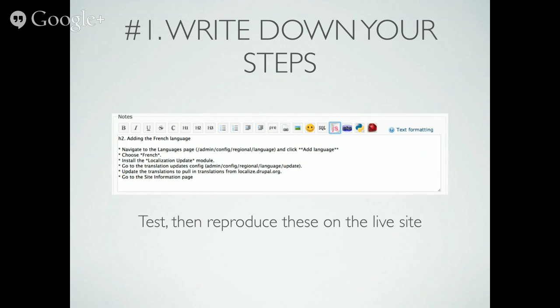And then when you've done all the testing, you reproduce these steps on the live site. So you go to your live site and you actually do the configuration there. And this works okay if you have really simple changes that you want to make. Maybe you want to add a new permission to a user role, or you just want to enable a really simple module that does one thing. So these types of things work fine with this approach.